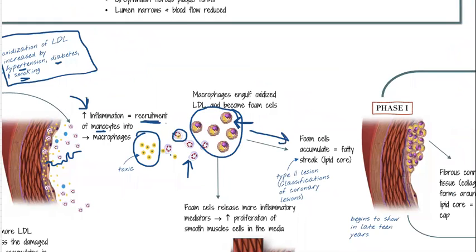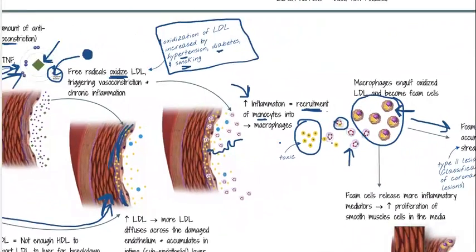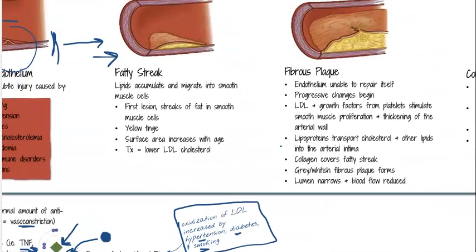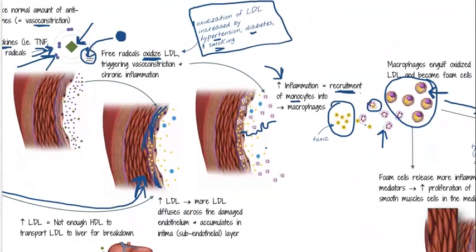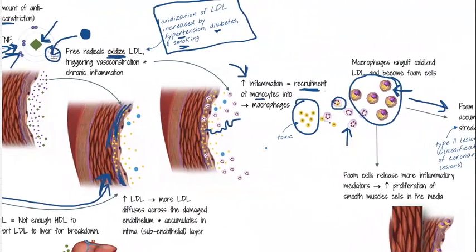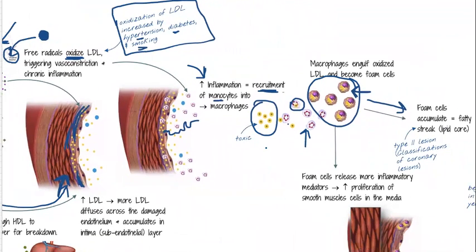Okay, so all of those stages are happening between that original damage and that fatty streak. It's once those foam cells start to build up that they form that fatty streak. So that's your second stage. Really, it's your first phase of the actual atherosclerosis.